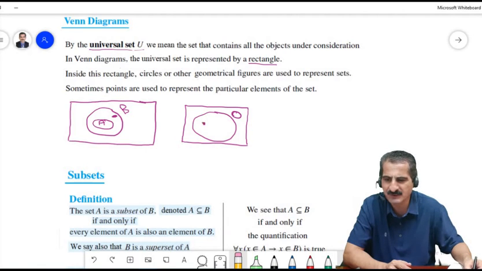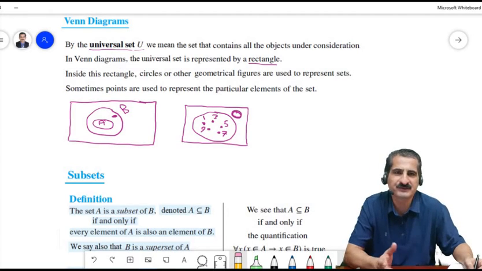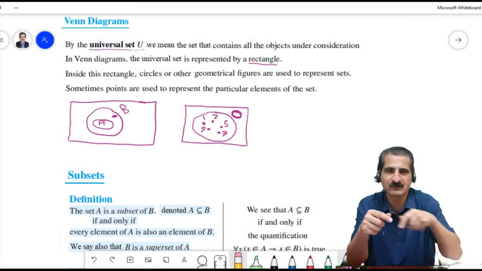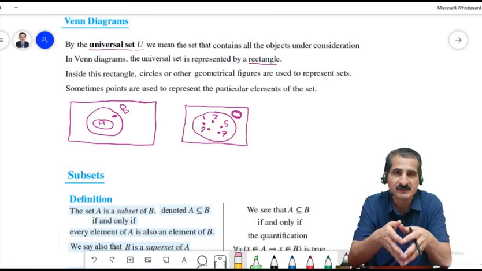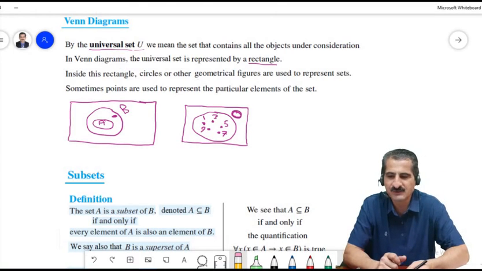So this is 1, this is 3, this is 5, this is 7, and this is 9. This is just a demonstration; the letter O is not a circle. We will use dots to represent elements, circles or some closed shapes to represent sets, and the rectangle to represent the universal set. All this is called a Venn diagram.